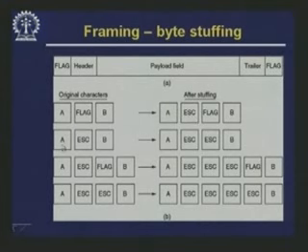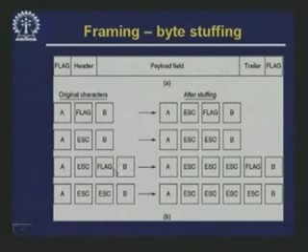And what happens if escape itself appears in the body? Well, we put escape escape. So, if there are 2 escapes side by side, we know that we have to interpret it as only one escape. If there were 2 escapes in the original data packet just by chance, then what will be sent are 4 escapes, one after the other, and the receiving side, for each 2 escapes, will reduce it to 1 escape and know that this is just a part of the data.